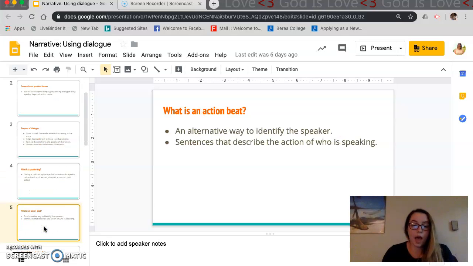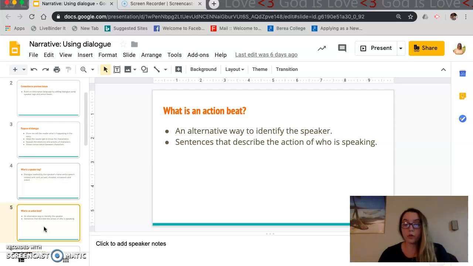An action beat, which can also be called an action tag, is an alternative way to identify the speaker. These are sentences that describe the action of the character who's talking. For example, we can look at a sentence that says, "This looks weird." Anna pushed her glasses up her nose and squinted at the text.